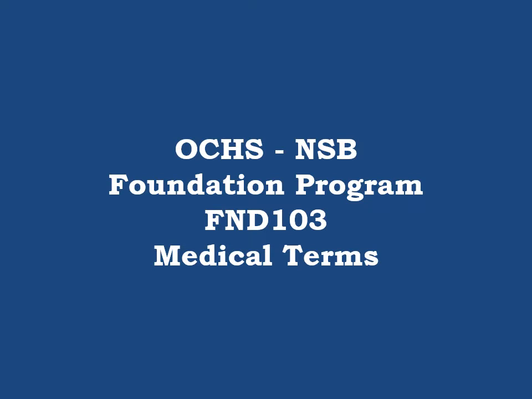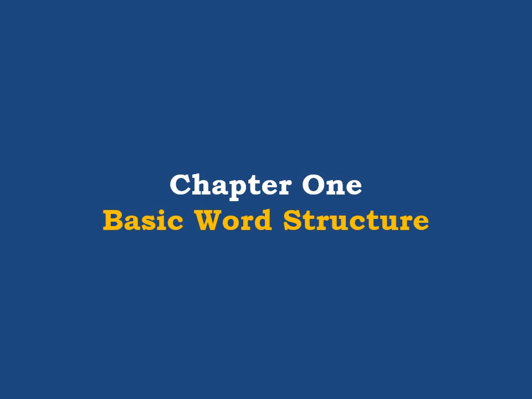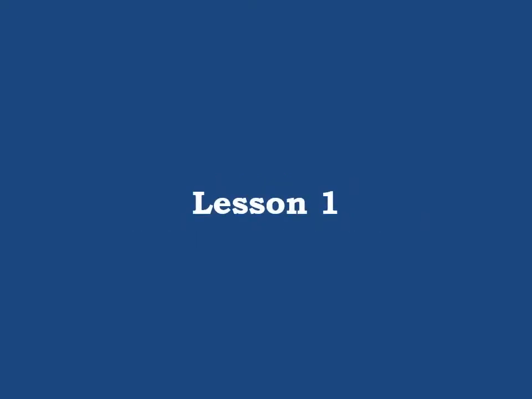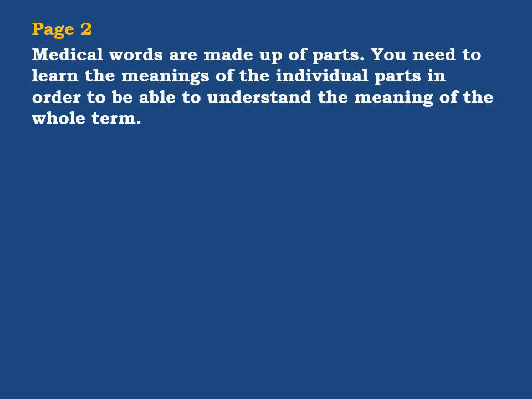Now, let's start with our first lesson, which is chapter 1 about basic word structure. And this is lesson 1. Now, on page 2, if you refer to your books, you can see that medical words usually are made up of parts.